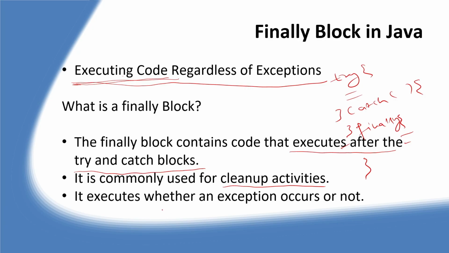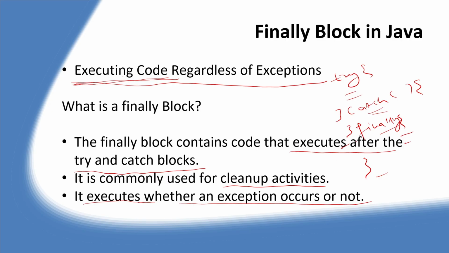No matter what, it will execute whether an exception occurs or not. It will execute even if we are not getting any exception, and also if we are getting an exception. The finally block will always execute.